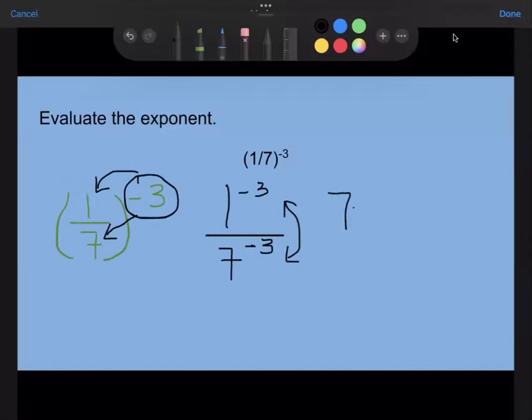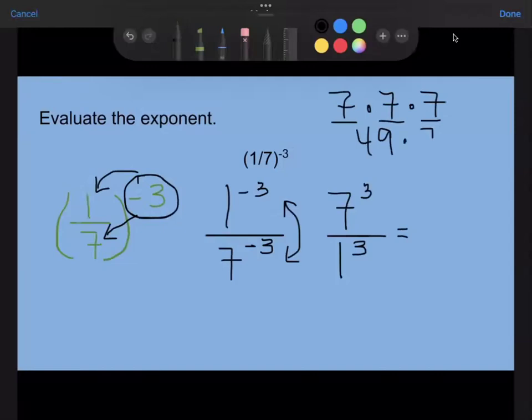That's going to be 7 to the third power over 1 to the third power. Once I flip it, those negatives disappear. Now I just need to figure out what 7 to the third power is. Third power means I am multiplying 3 numbers, and the base of that exponent is 7. So that's 7 times 7 times 7. 7 times 7 is 49.